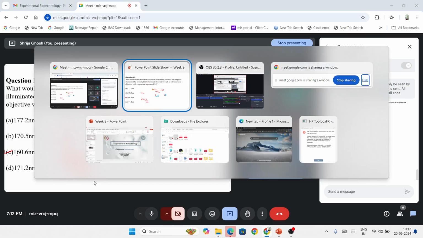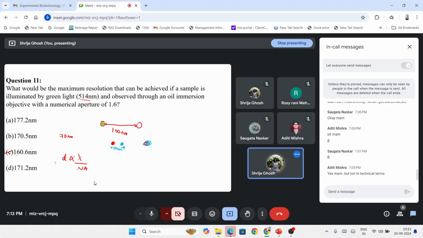Okay, is this clear? Is the concept of resolution clear to everyone? Because that is more important. Solving this type of question you can do if you know the formula. You just have to divide the wavelength by twice the numerical aperture. Great.